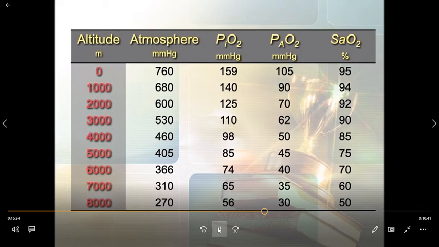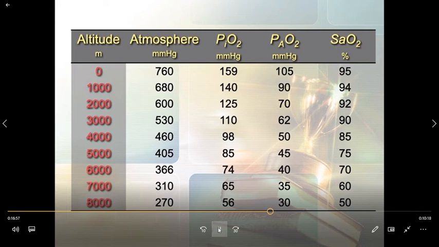Pay attention to the altitude and the atmosphere, and the inspired air partial pressure of oxygen, and the partial pressure of oxygen in the artery and the saturation level.